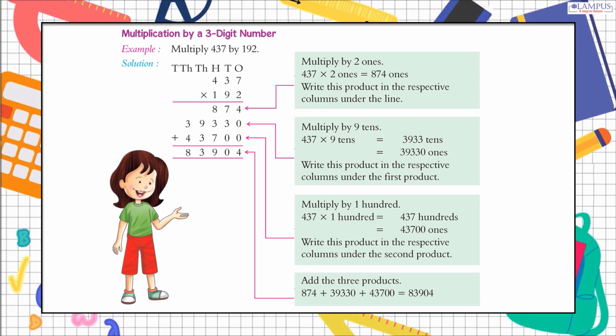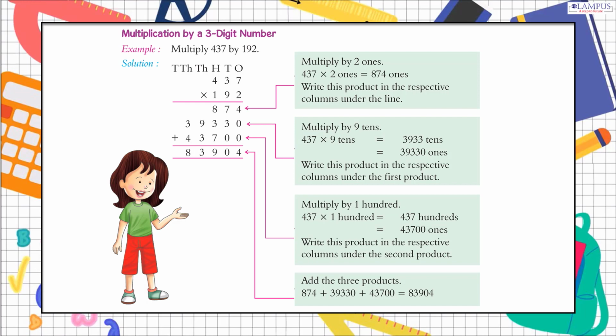Example. Multiply 437 by 192. Solution. 437 times 192. Multiply by 2 ones. 437 times 2 ones equals 874 ones.